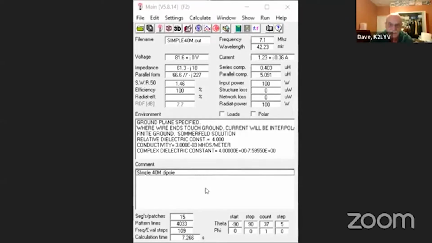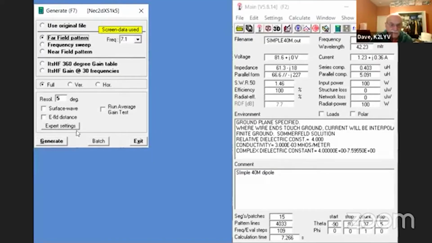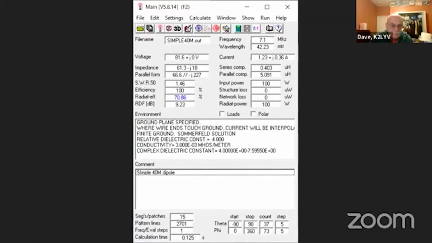So I go back here, calculate, far field pattern. And you can see the pattern is, you've got a lot more energy going out here, and you notice it's coming out at a lower angle, which is what you expect, having raised the antenna now to a reasonable height for a 40-meter dipole.